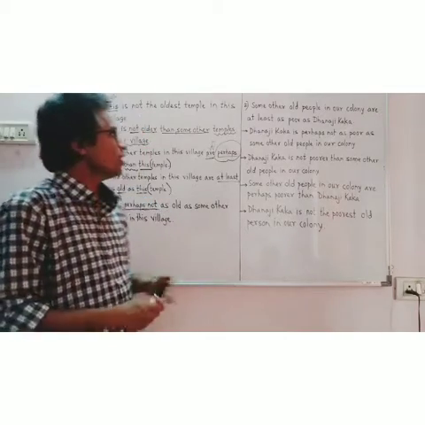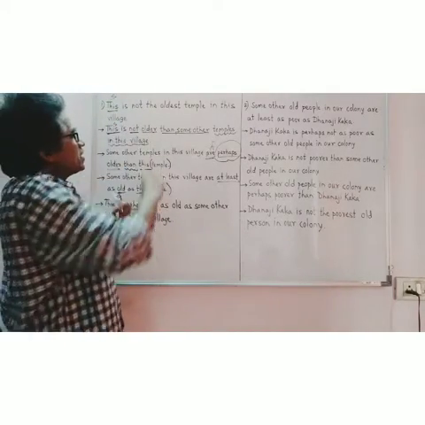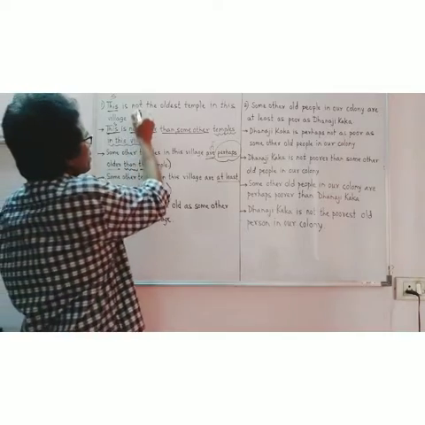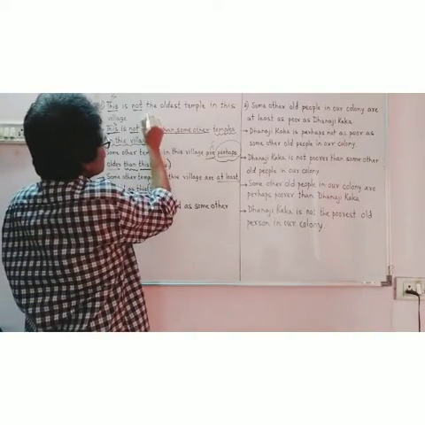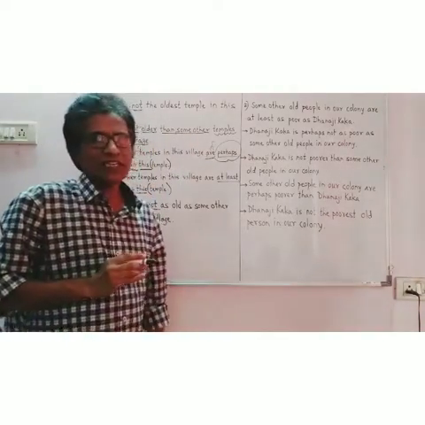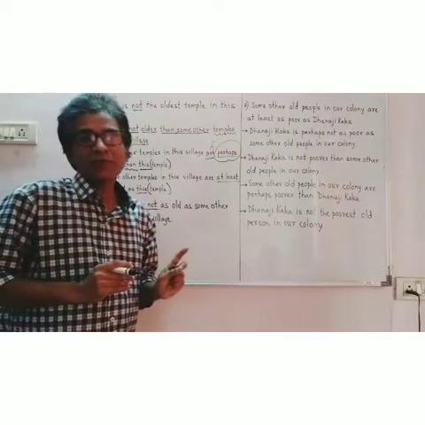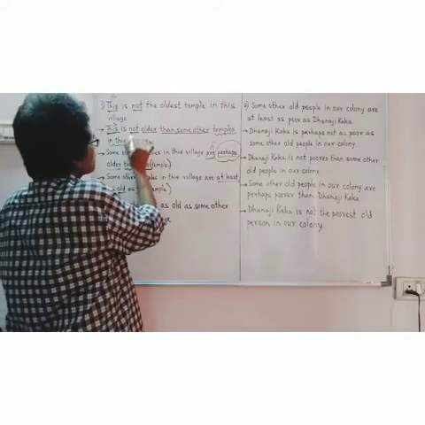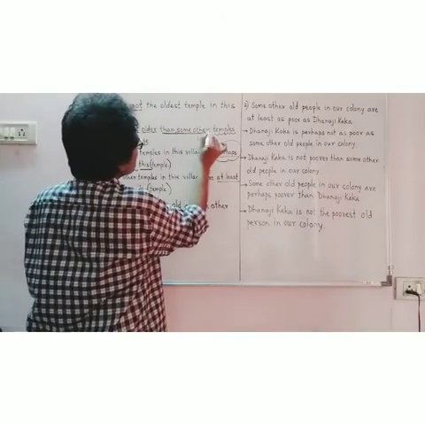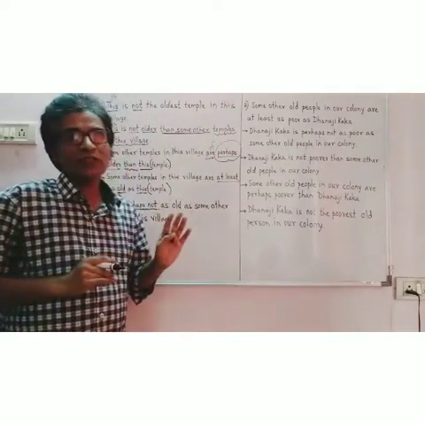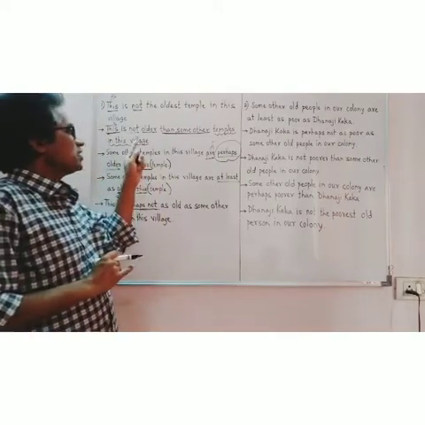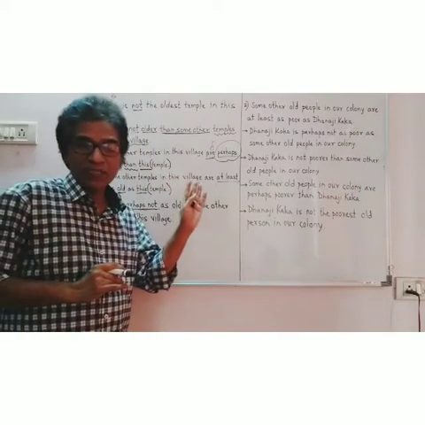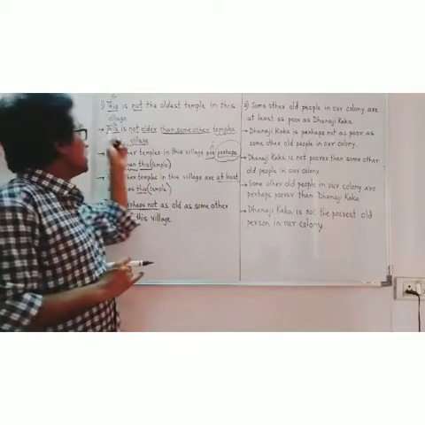So now you know that in superlative, not is the word which tells that this is a different type of superlative. In comparative, not plus than some other. These are the words which tell that this is comparative degree structure beginning with subject.